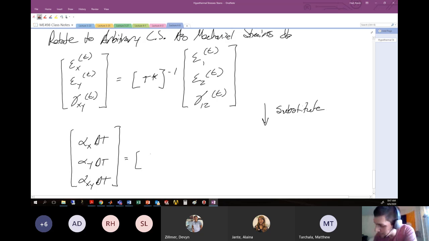Okay, this here equals our T star inverse matrix, which remains. And here now we will write the thermal strains in the principal coordinates as we normally would: alpha 1 delta T, alpha 2 delta T. And then here this is 0.